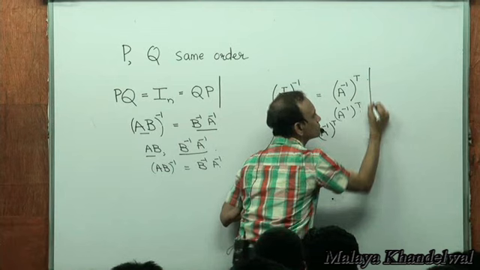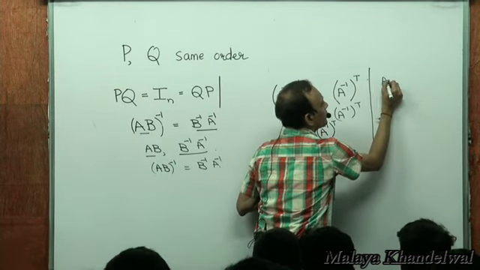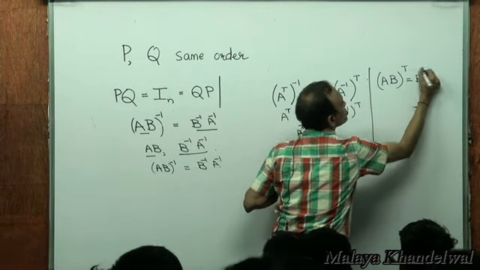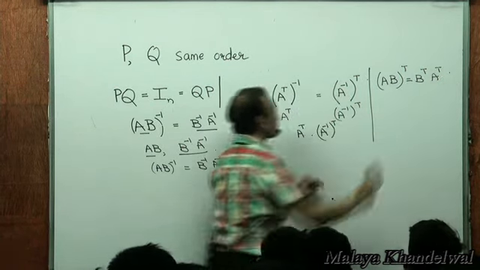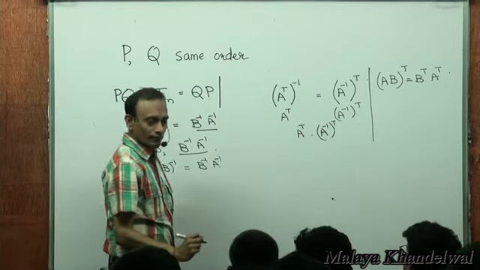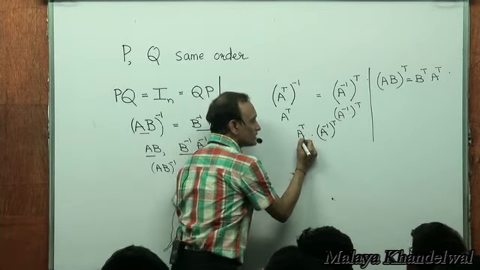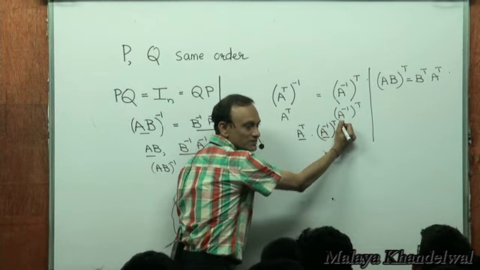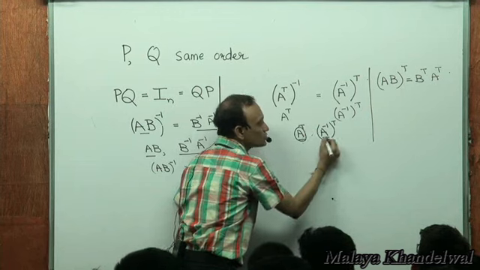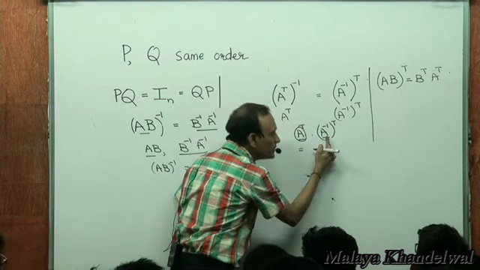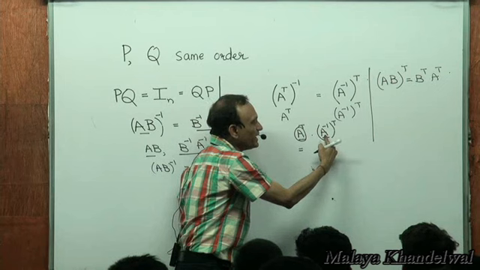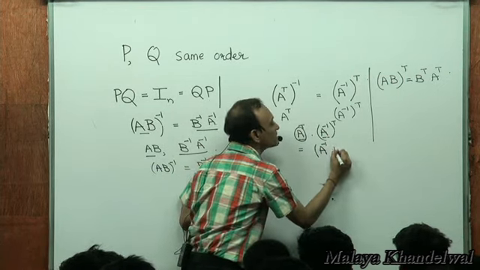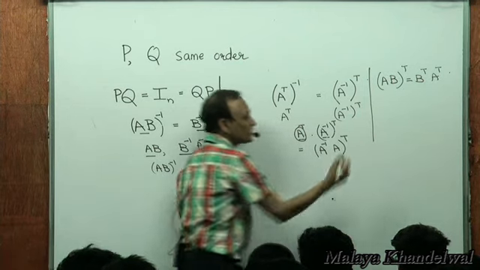Now, do you remember? AB transpose is B transpose into A transpose. So this is like A transpose into A inverse transpose, which is A inverse into A, transposed. That's going to be A inverse A transposed. Yes or no?